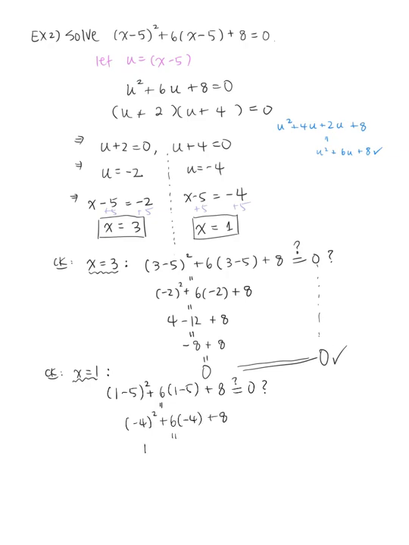So this implies you're going to have positive 16 minus 24 and then plus 8. Now this means that, what do we get? 16 minus 24 is negative 8 plus 8. I believe that we're going to get 0. So it checks. So therefore, our solution set in this case is 3 and 1. And here's our answer.